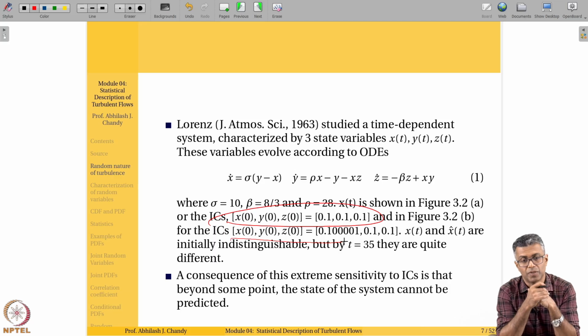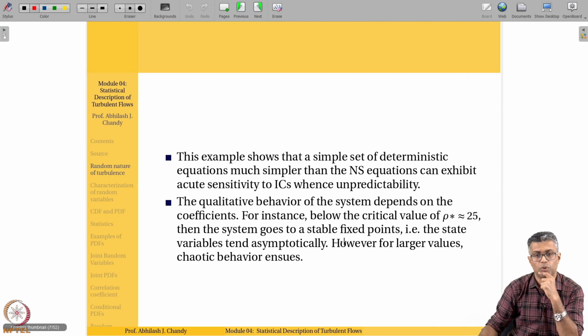Let us see what happens. With that initial condition, I varied it by just a little bit, by almost 5 orders of magnitude, isn't it? And then I solve the same system. Let's see what happens.